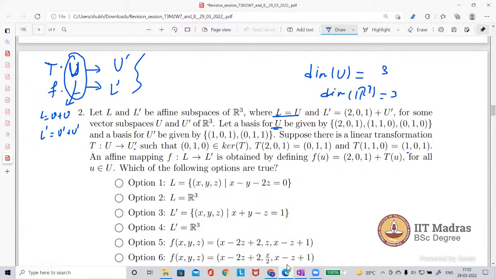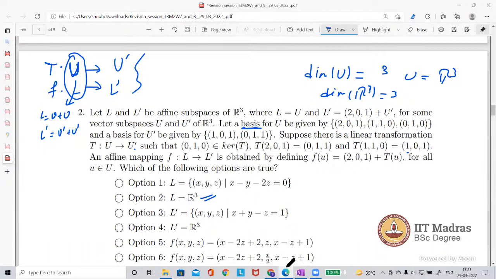So u is exactly R3. No need to evaluate here; using the cardinality you can decide, without row reduced form. You don't need to check the determinant of this matrix, because it's clearly written that this set is a basis of u. That means these 3 vectors are linearly independent. So you can directly say that L is exactly R3.